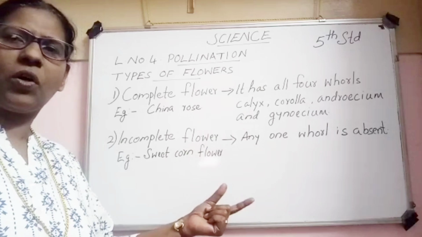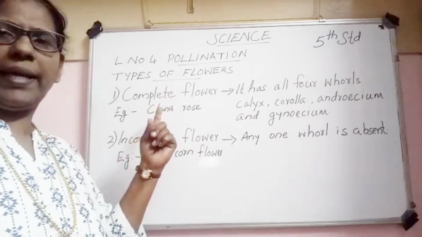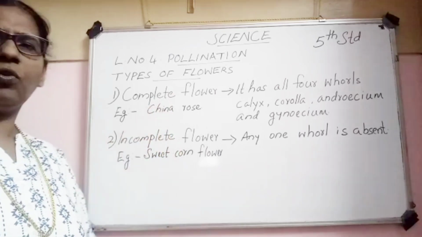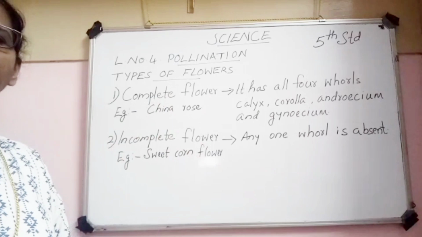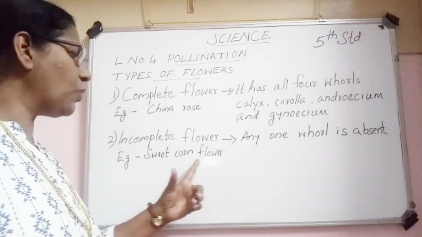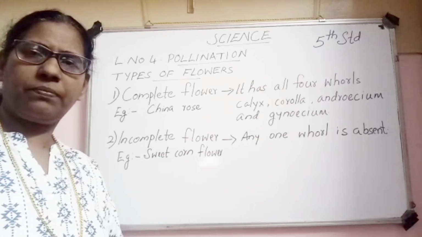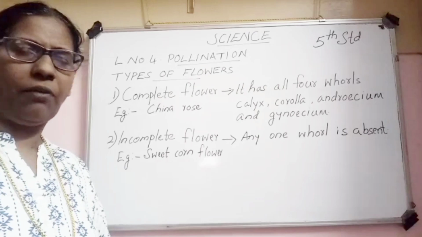That is why it is called an incomplete flower. A complete flower example is the China rose. An incomplete flower example is corn, the sweet corn flower.